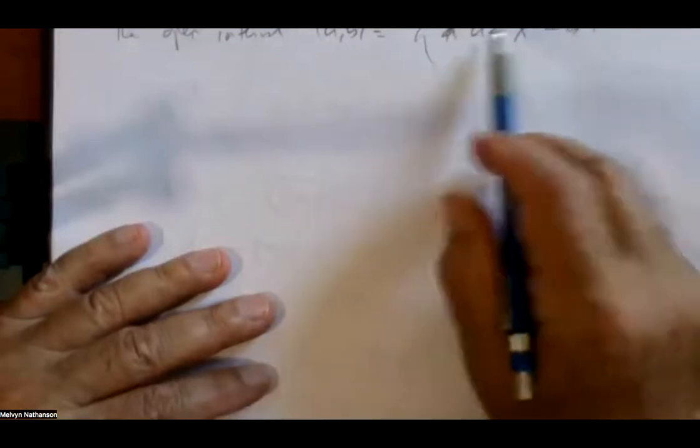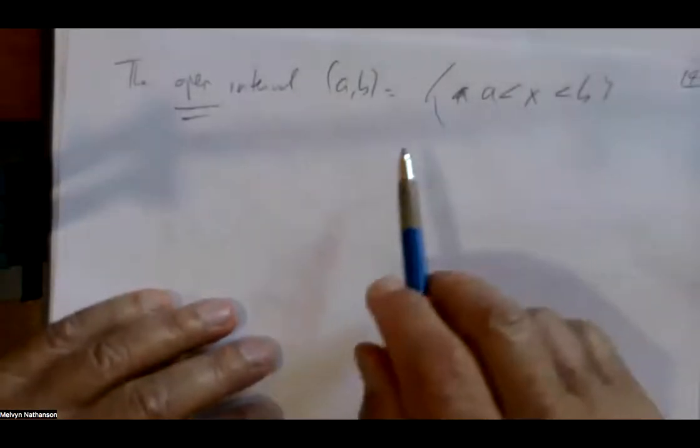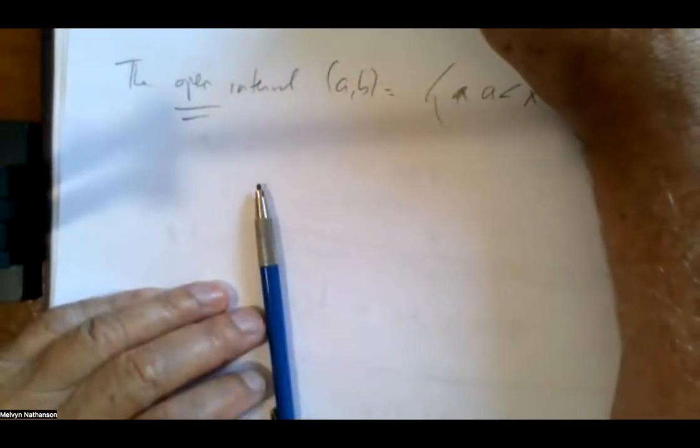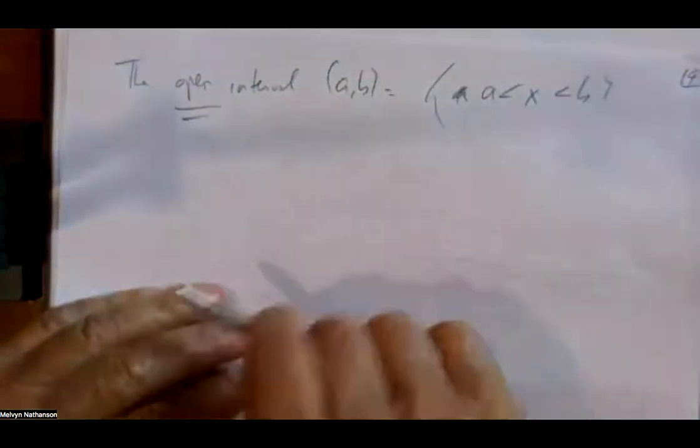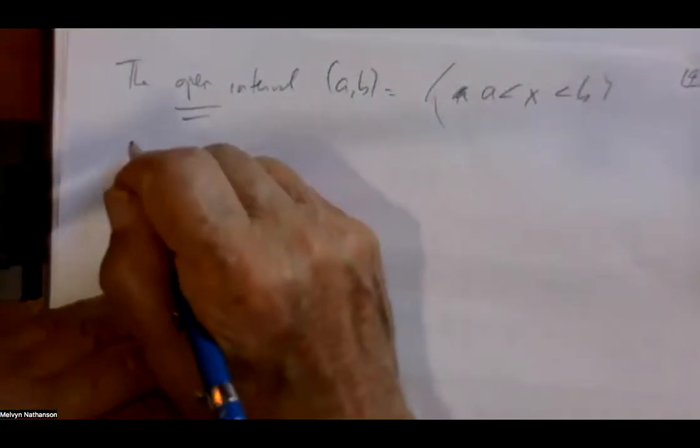It never includes the endpoints of the interval. That's what open means. So an open interval is just an interval that looks like this.